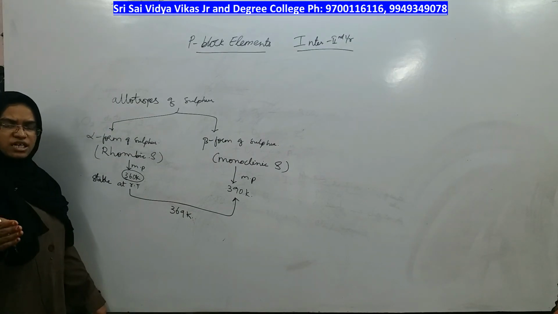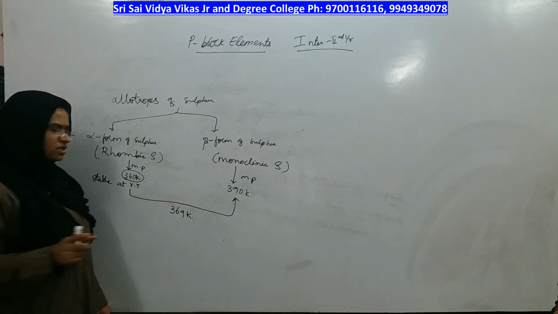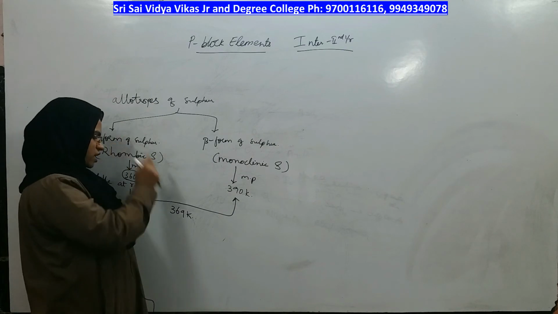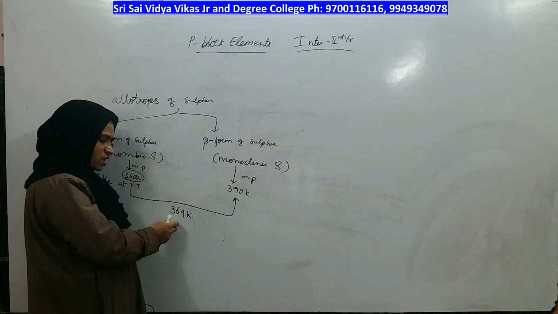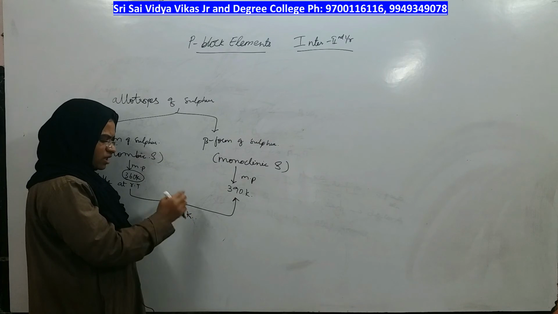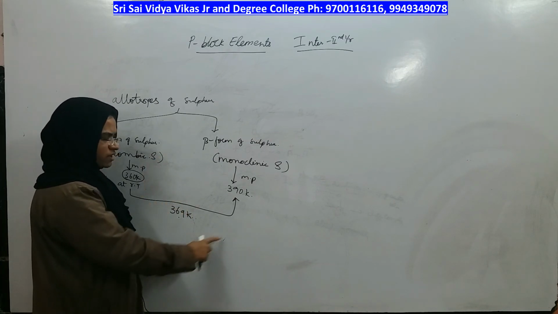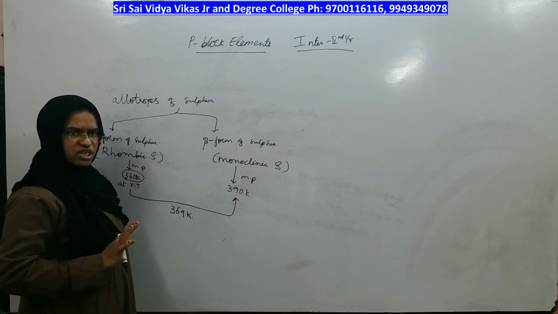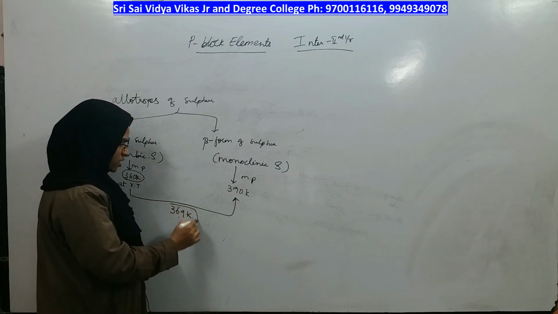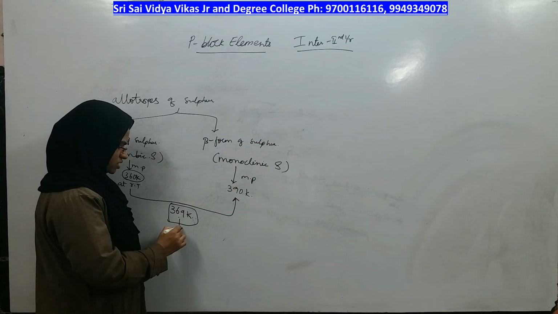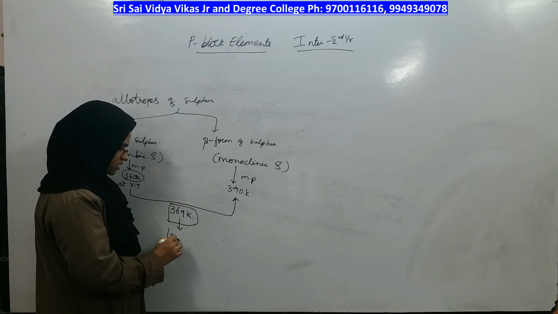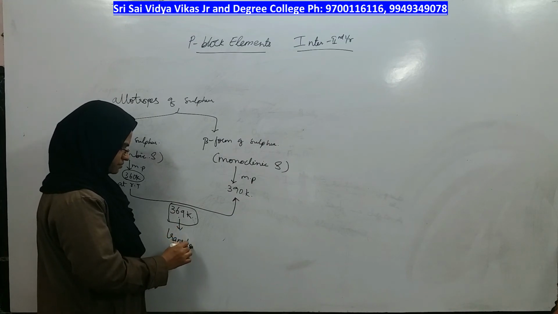Till 369 Kelvin, if you heat, the rhombic sulfur will remain as rhombic sulfur, but after 369 Kelvin, rhombic sulfur will be converted into monoclinic sulfur. That means at this temperature, it is called the transition temperature.